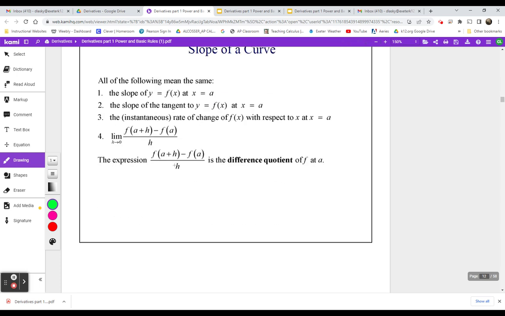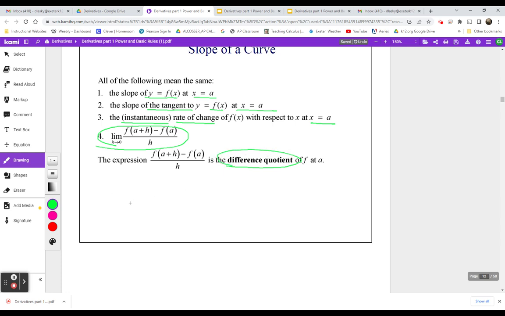Just so you guys know, the slope of y equals f of x at a is the same as the slope of the tangent line at a, which is the instantaneous rate of change of f of x at a certain point a, which is our limit. Now you know why we're doing limits, and it's called the difference quotient.